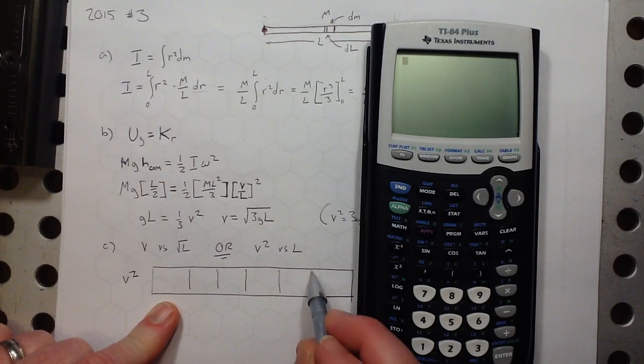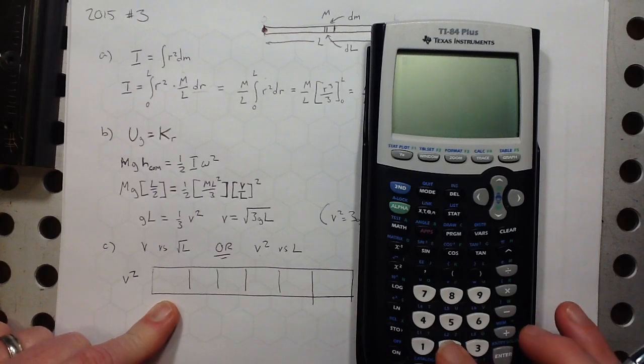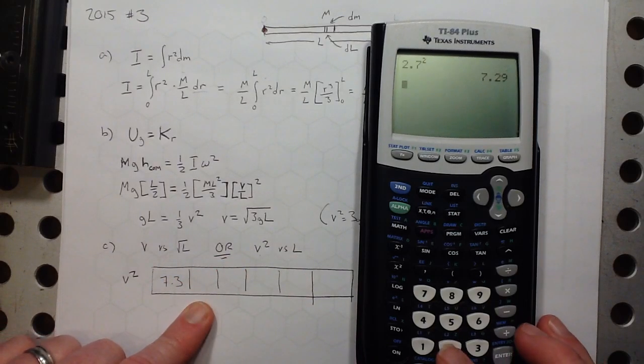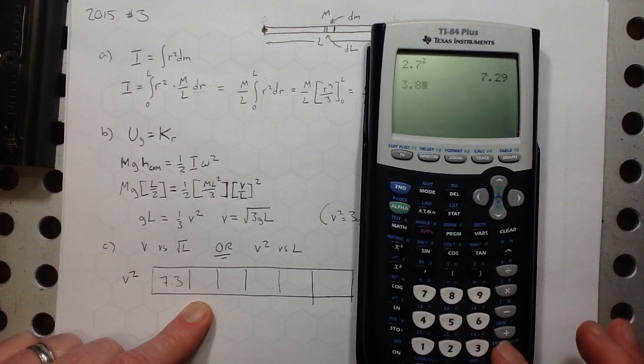But I am going to need these values. So 2.7 squared. And I'm going to stick to 2 sig figs here. Oops, 3.8 is equal to 3.8.